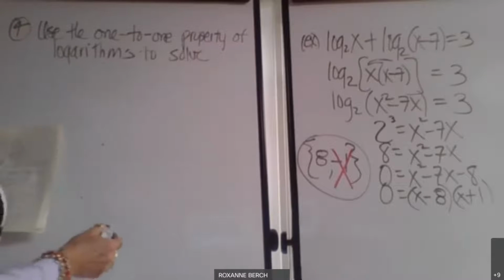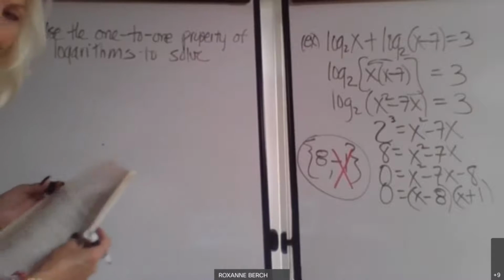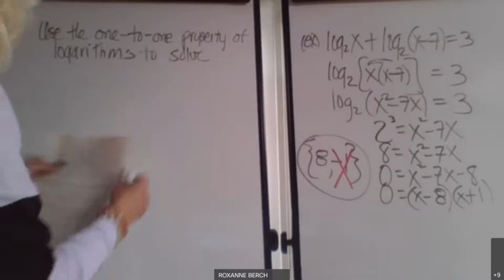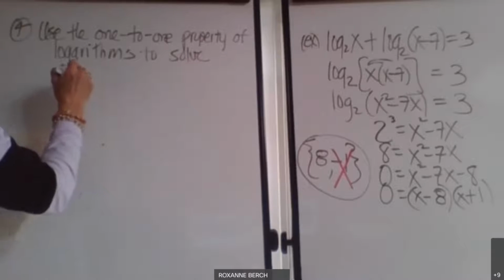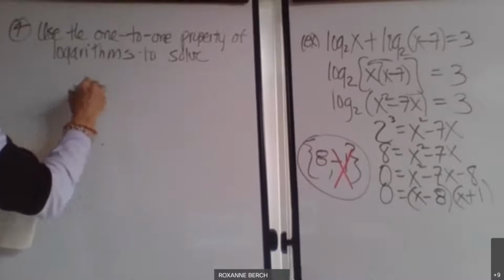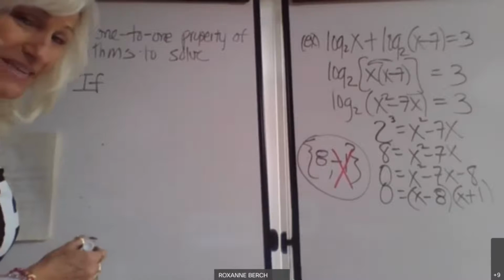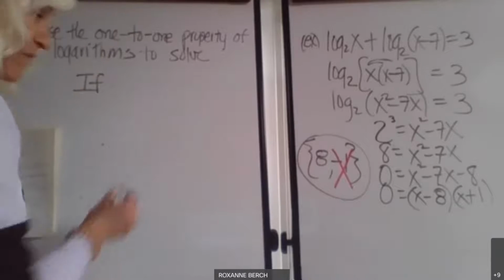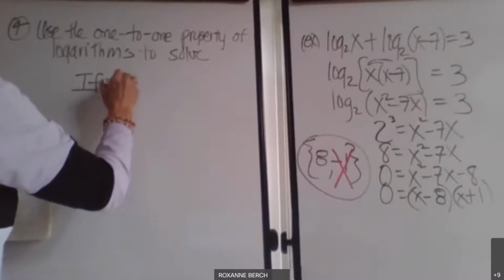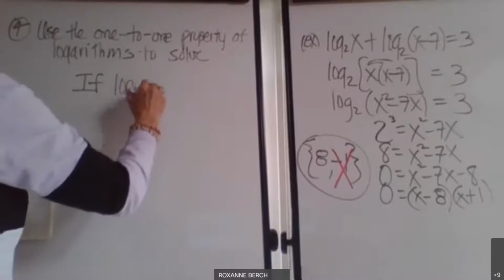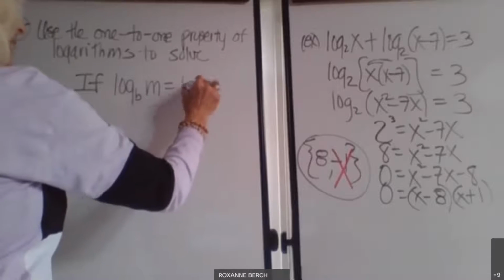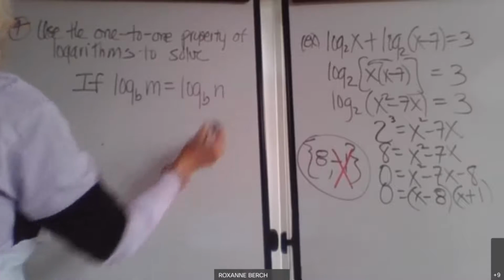So do you remember that property that I gave you? I didn't know the name of it, but you could get rid of the bases of the exponents. Well, there's one for the logarithm. Look what it looks like. If you have log base b of m equal to log base b of n, guess what?